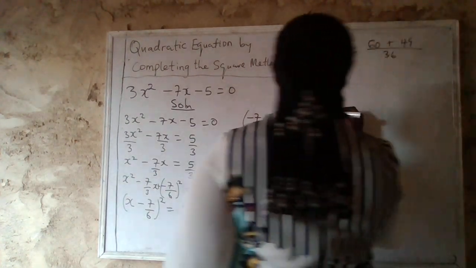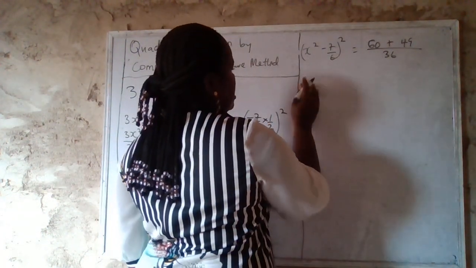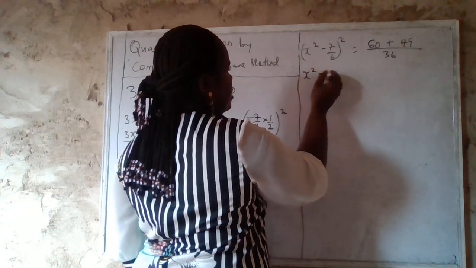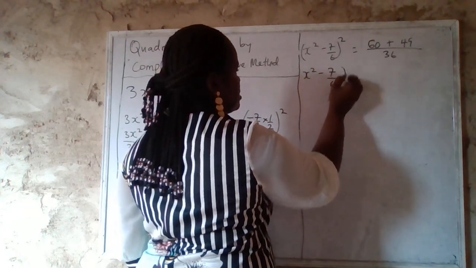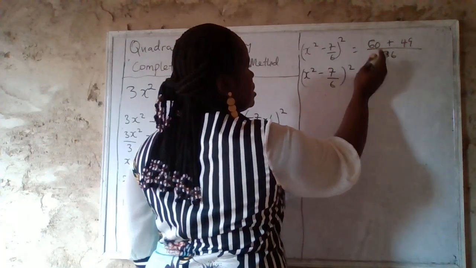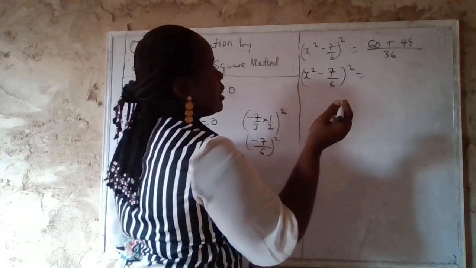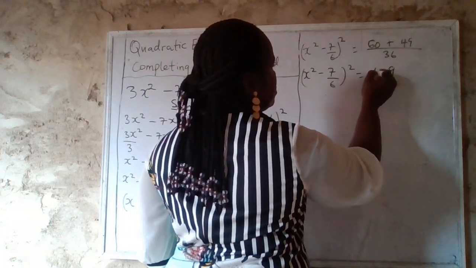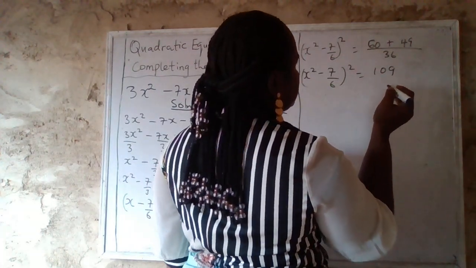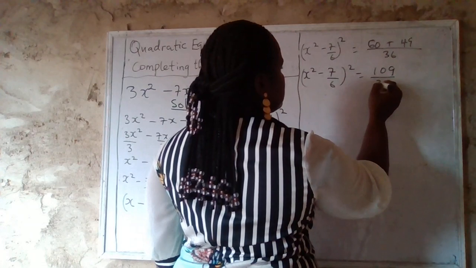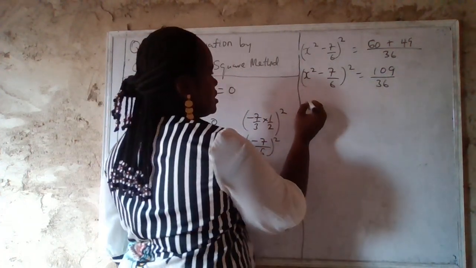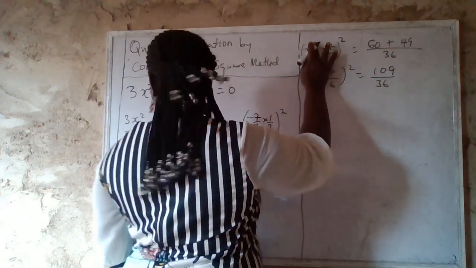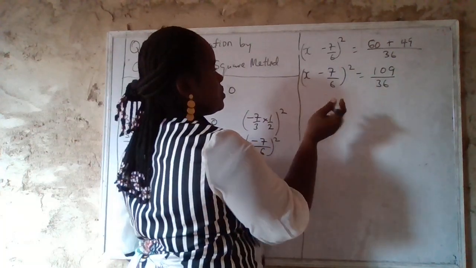So I end up having x minus 7 over 6, all squared. This plus this should give me 109 over 36.